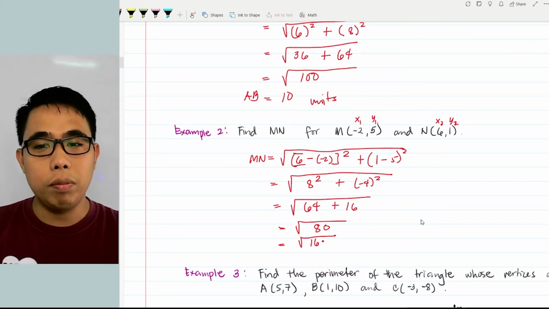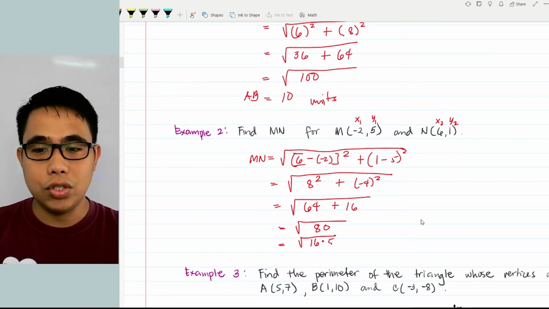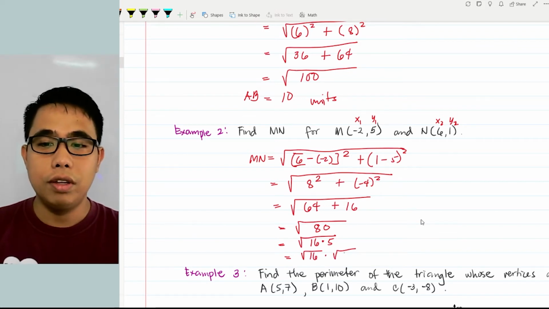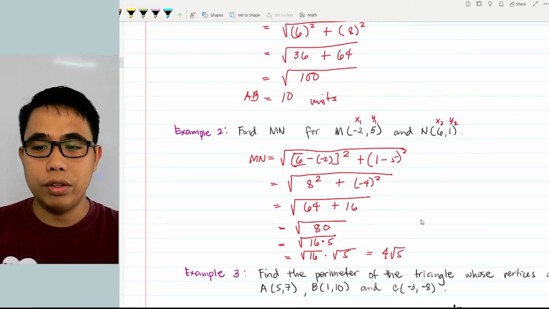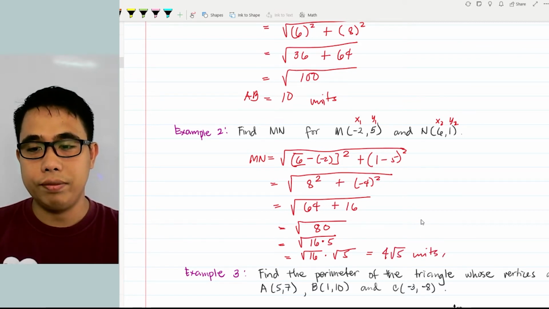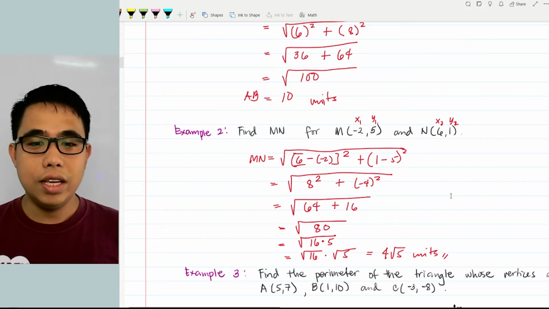What are we going to multiply to 16 to make it 80? That will be 5. So the square root of 16 times 5, we can write as the square root of 16 times the square root of 5. So that is equal to 4 square root of 5 units. That is now the answer.